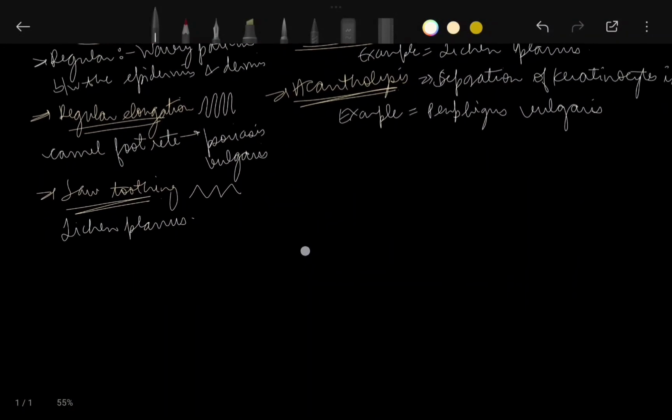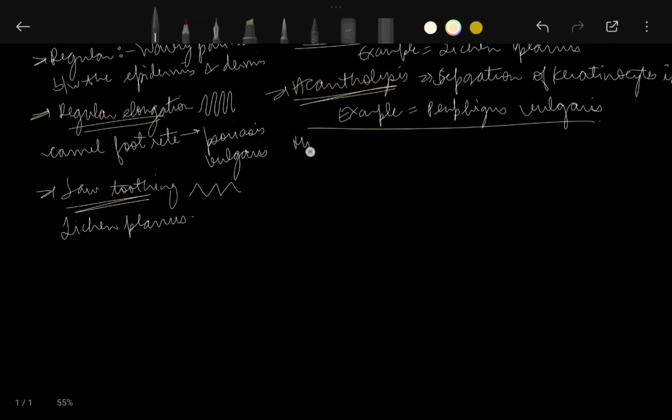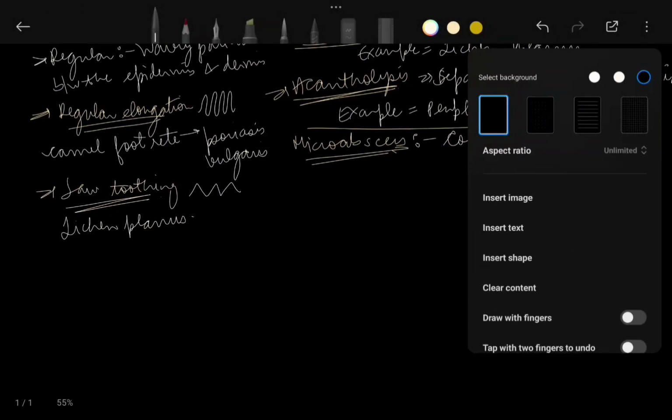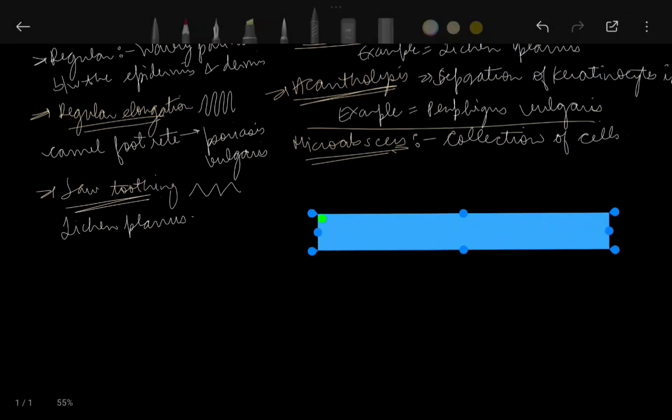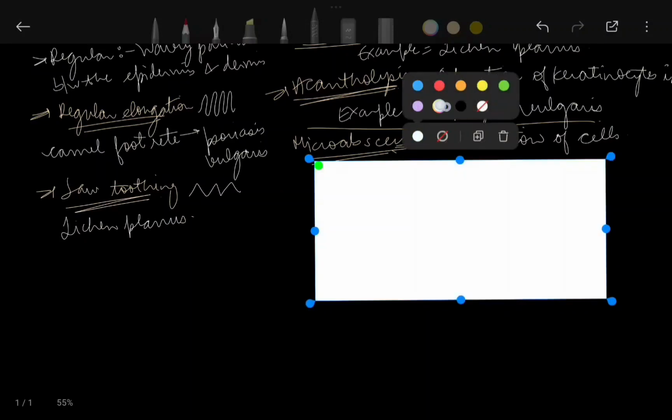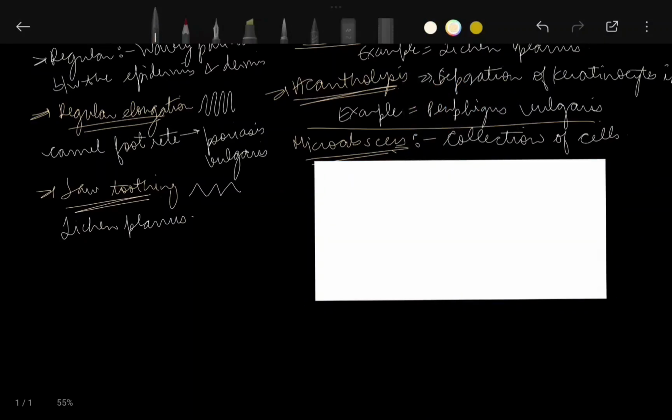Then microabscess can also be seen, which is the collection of cells.